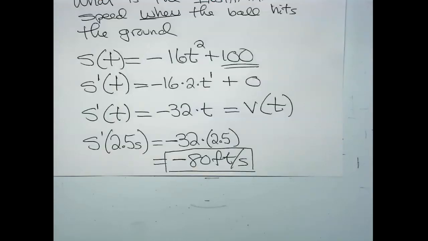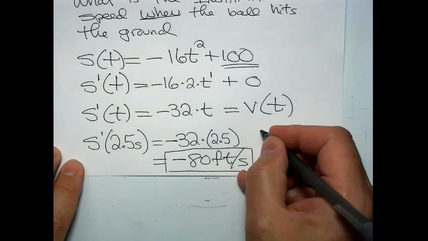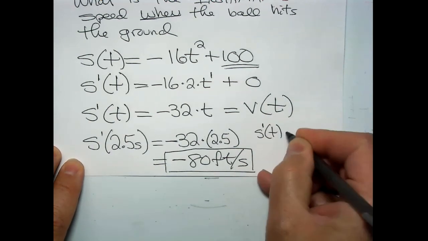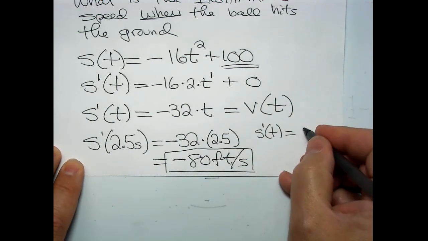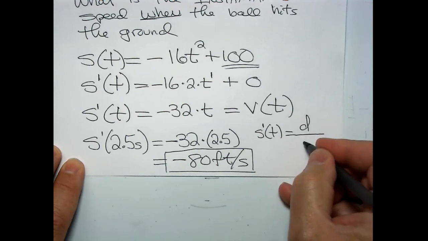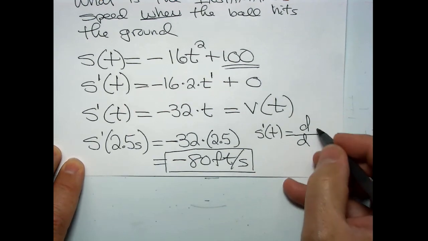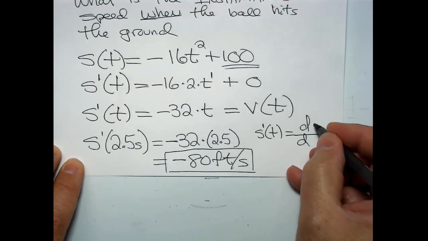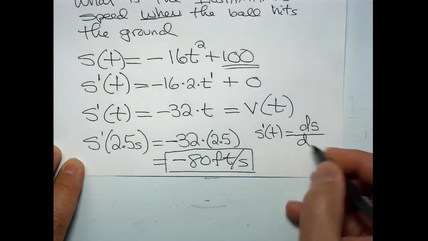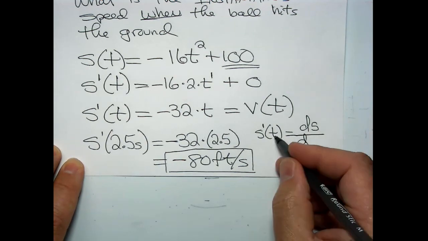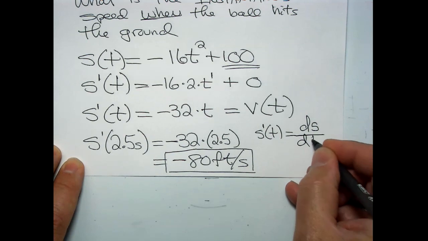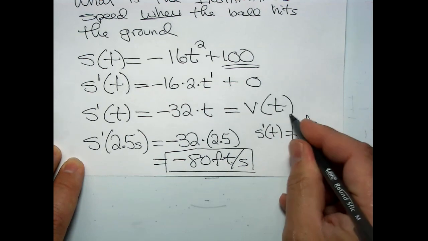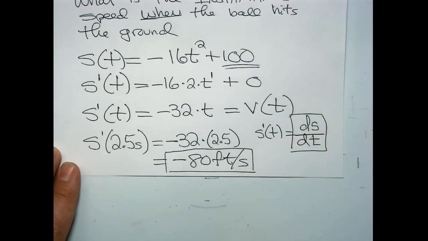One last thing to talk about. S prime. What's another way to write S prime? Remember this terminology, the d and the d. We took the derivative of the s function with respect to the independent variable, t. It's ds dt, the derivative.